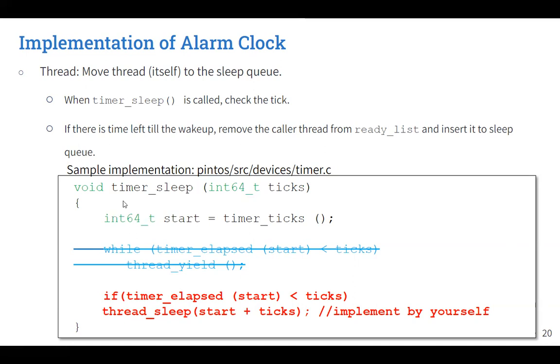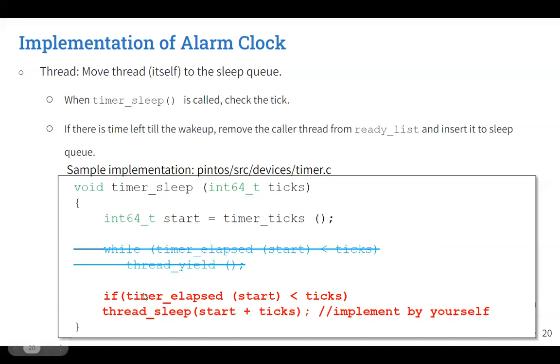So when timer sleep is called, we have to check the tick. If there's time left till the wake up, we want to remove the caller thread from the ready list and insert it into the sleep queue. Previously, the original code just yielded continuously with the while loop.